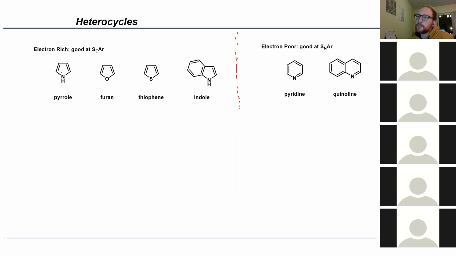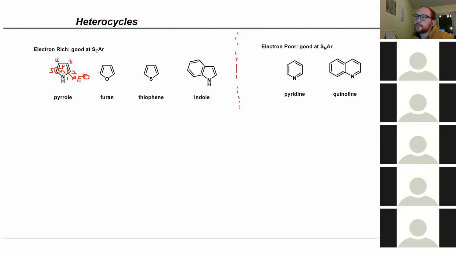For pyrroles, furan, and thiophene, we number them in this fashion: 1, 2, 3, 4, 5. When doing electrophilic aromatic substitution, they favor reaction at the 2 position. Okay, so at the 2 or 5 position.